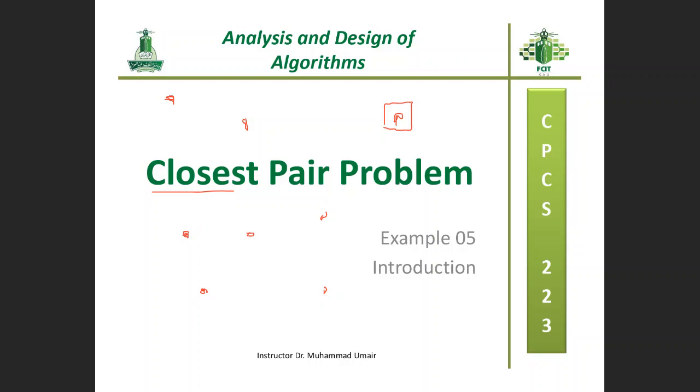The difference between what? These are not integers, these are points. Yes, every point will be represented by two references, x, y. Is it clear? So it is a coordinate plane, because it is two-dimensional. So you have x, y.